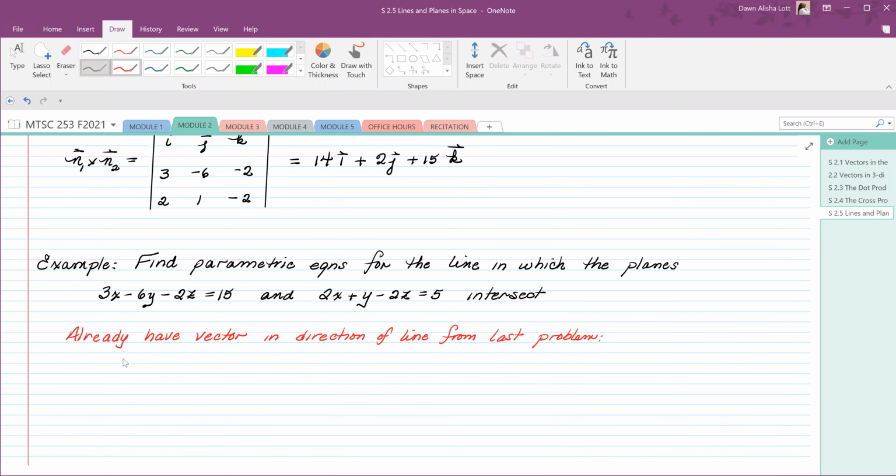That vector was 14i plus 2j plus 15k. So now we need a point on the line.